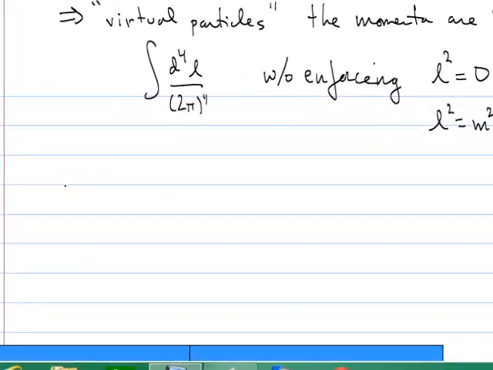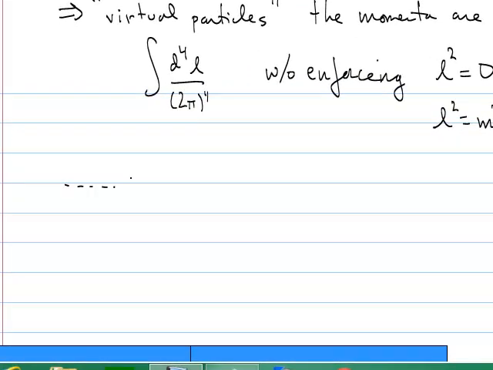So, for example, if you want to calculate some contribution to the electron propagator, then you would integrate over the four-momentum that's running around in that loop there.